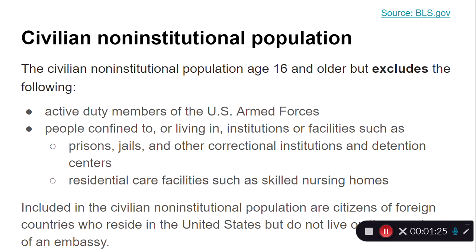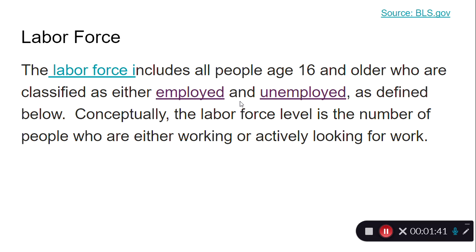They start off first with the idea of a civilian, non-institutional population. So these are people over 16 that are not on active duty, and not in institutions, jails. And out of that population, we have the concept of a labor force.